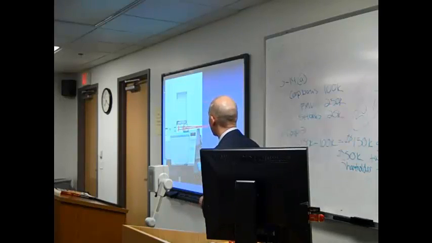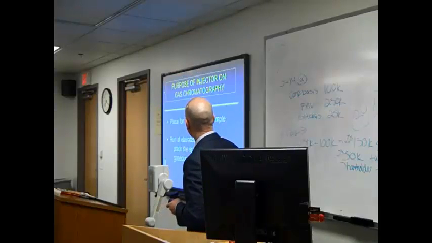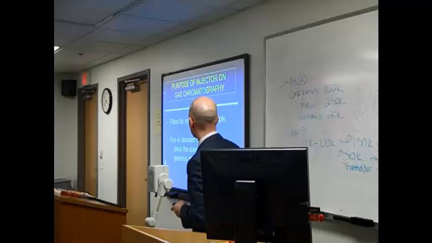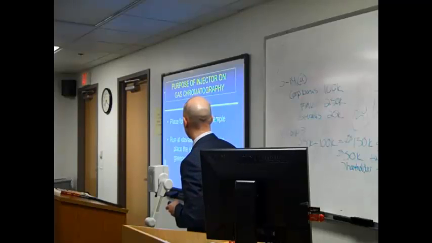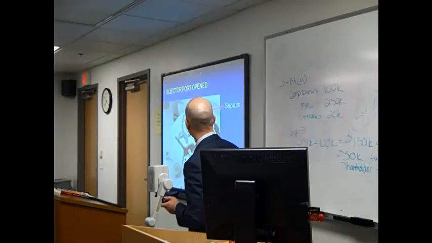All right, so there's something called an injector, and that's, as I showed you before, where the vapor gets injected into the machine. It's a place for the introduction of the sample, and it's at this boiling point, all right? Here's the port, goes right into there, and the carrier gas comes in at the same time, pushing the sample through the machine.